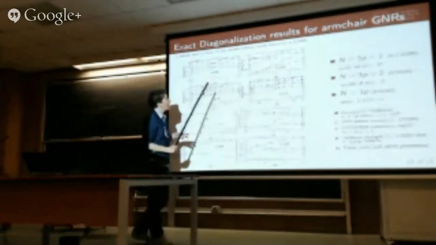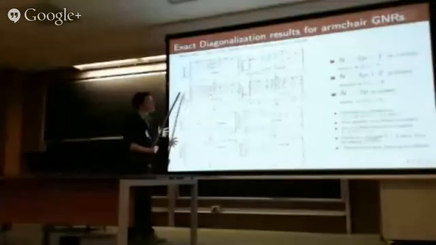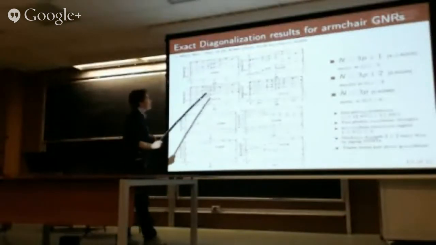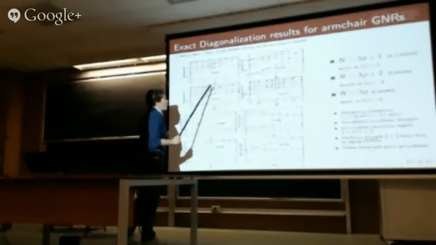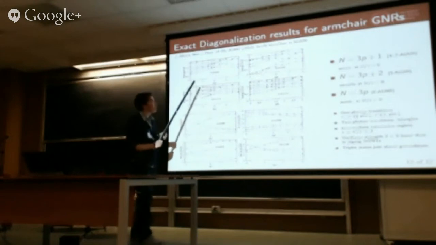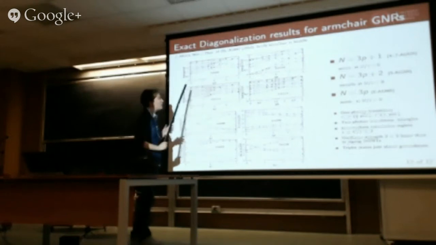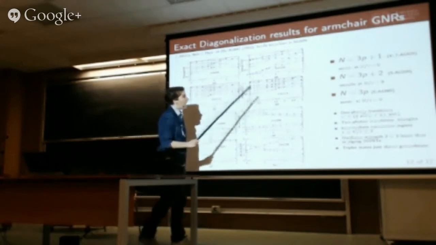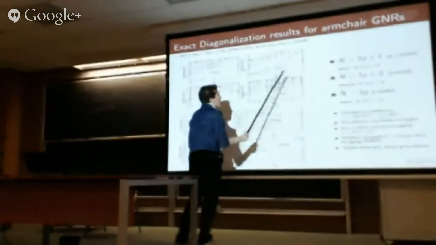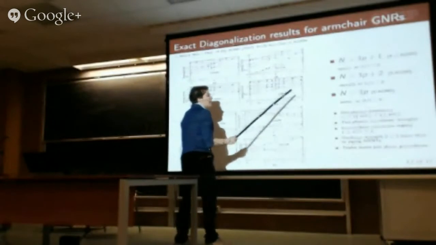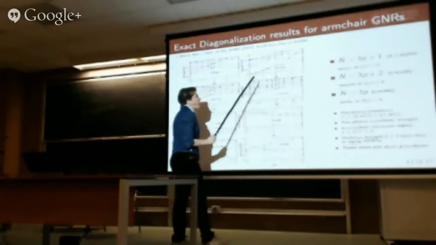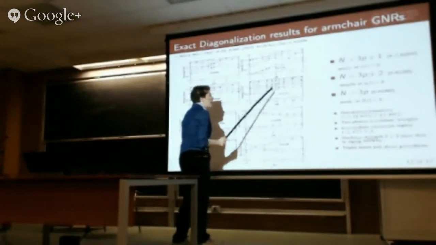I was able to verify through my calculation that this family behavior also holds when electronic correlation is taken into account, for instance, for U over t non-zero. And I was able to verify that the 3p plus 2 family, which was metallic in tight binding, now becomes a semiconductor as well.